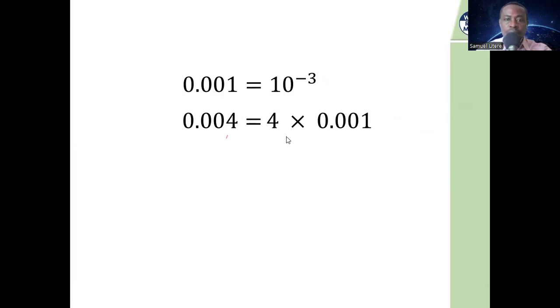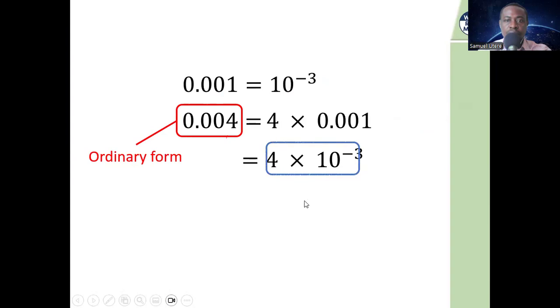Now, if we want to replace 0.001 with 10 to the power negative 3, because remember 0.001 is the same thing as 10 to the power negative 3, we now have 4 times 10 to the power negative 3. So we've taken this ordinary number and we've written it in standard form. So this is in standard form and this is an ordinary number, which is a decimal number.